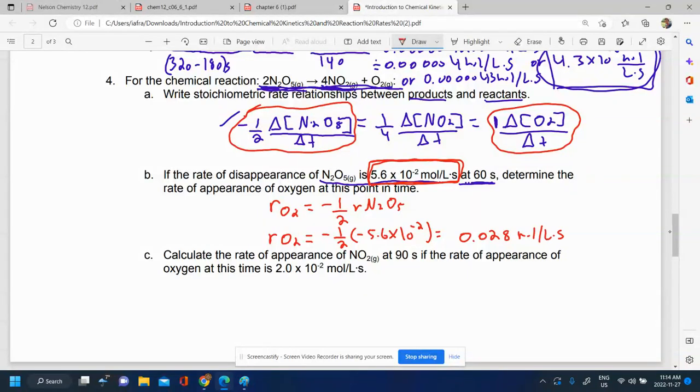And if you want to do 1 sig fig because of the time, you could there as well and get 0.03 moles per liter second. And that would be the rate of oxygen production.